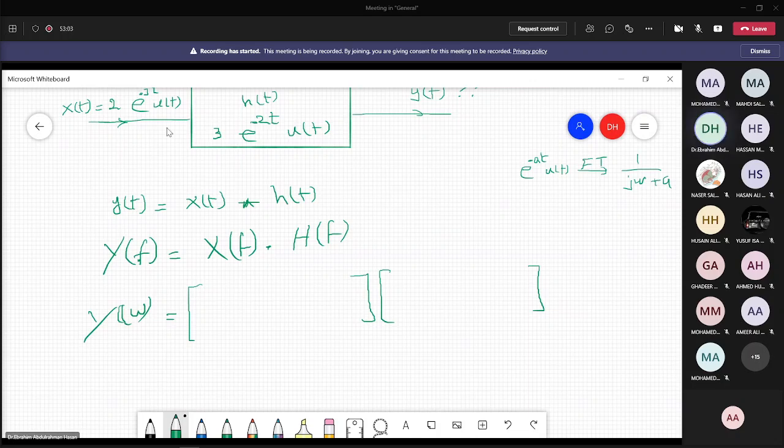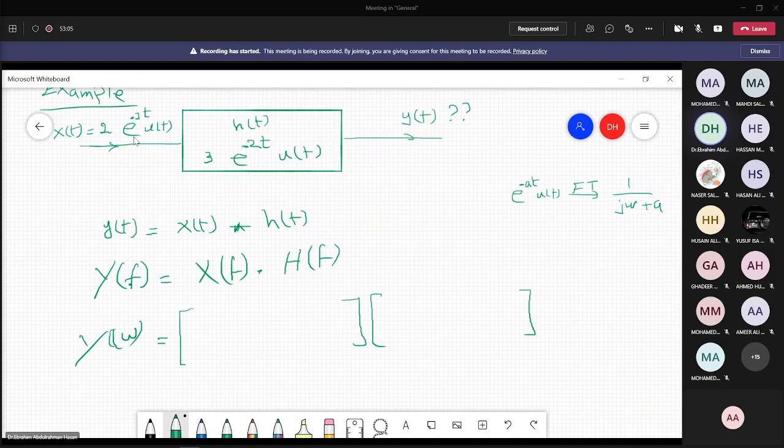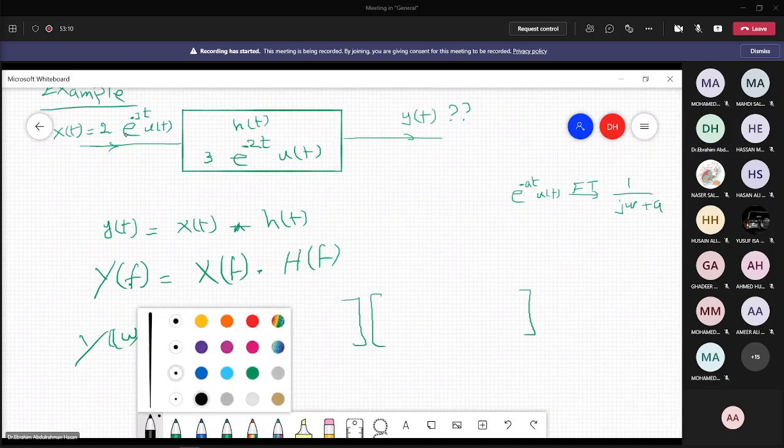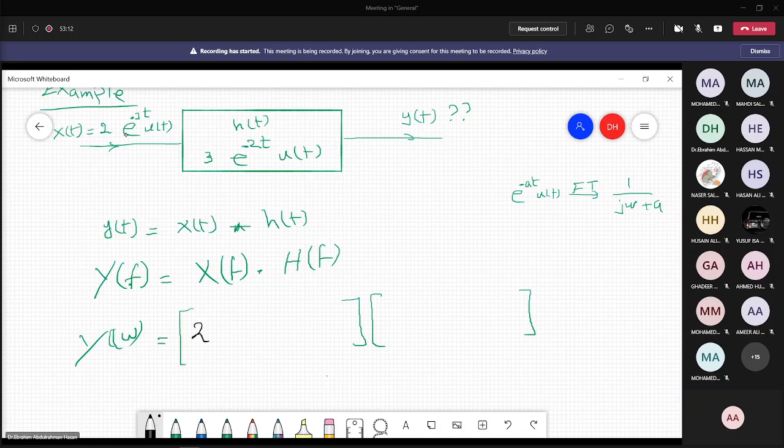Okay, so then x(t) is equal to 2, where 2 is a constant, and e to the power of minus 3t u(t) is equal to 1 over j omega plus 3. Similarly, for h(t), it is equal to this one.